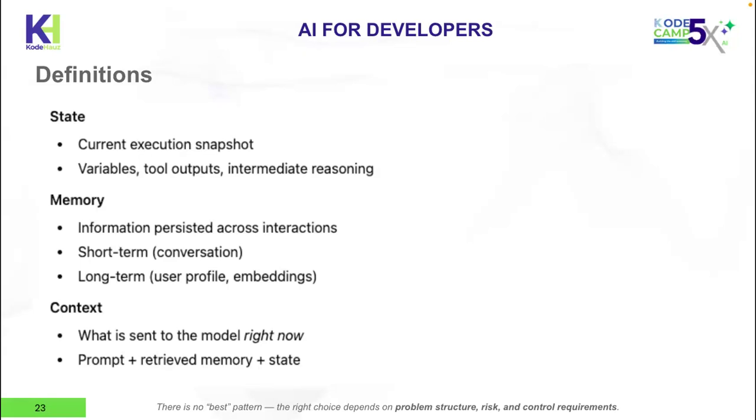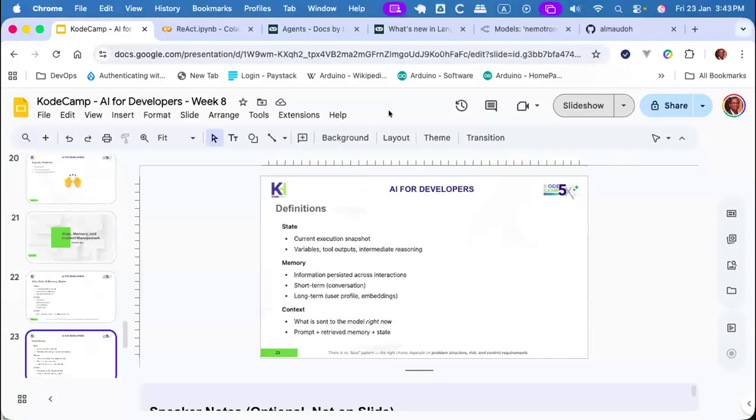Okay. So let's look at some of the definitions when we're talking about state, memory, and context. So state is a current execution snapshot. What that means basically is, where are we currently in terms of the current conversation that is going on, right?